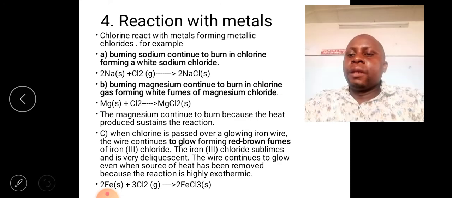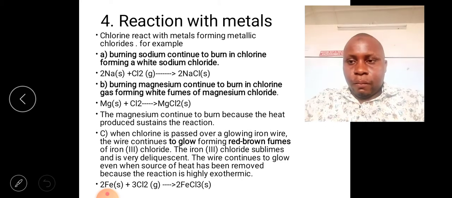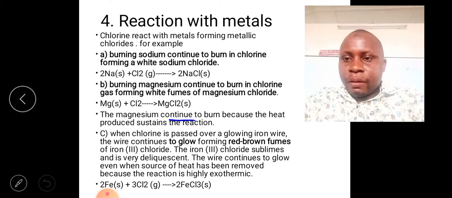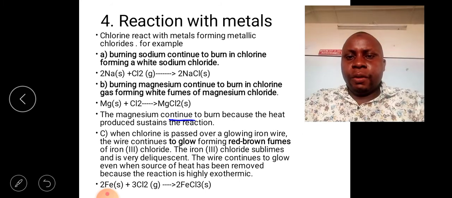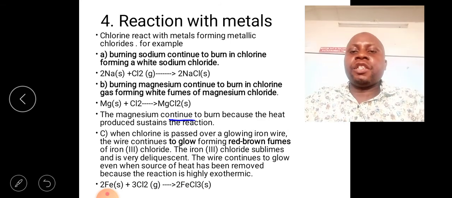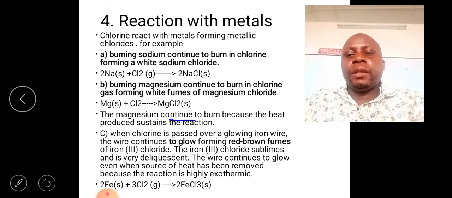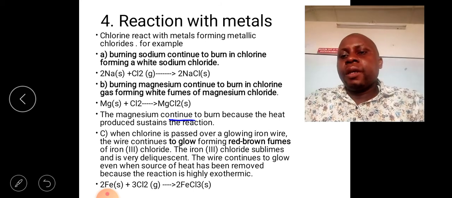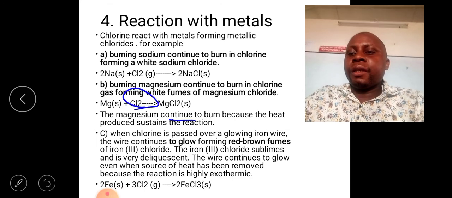Now, the magnesium continues burning because the heat that is generated during the reaction sustains the reaction. The heat is sufficient to ensure that the reaction continues. That's why magnesium keeps on burning when it is lowered into a gas jar containing chlorine.